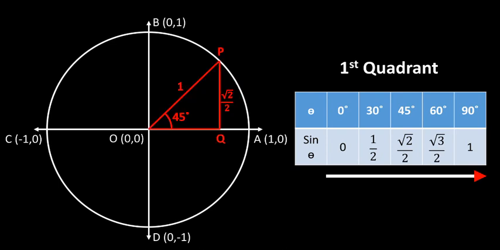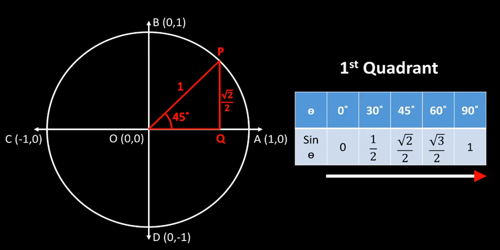In this figure, the line OP is the terminal side of the angle 45 degrees. And the line PQ is a perpendicular line whose length is equal to half of square root of 2. This line gives the value of sine of 45 degrees.